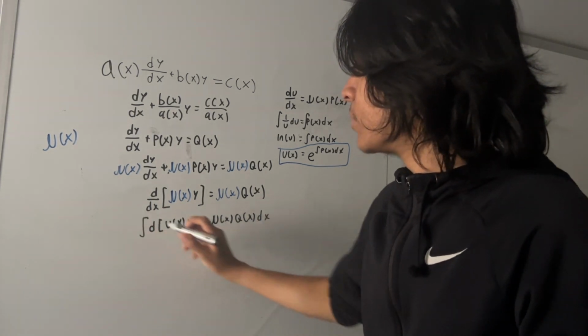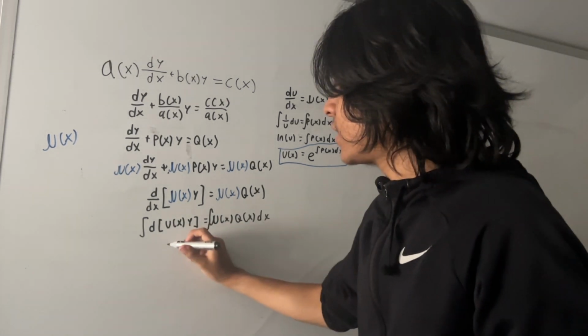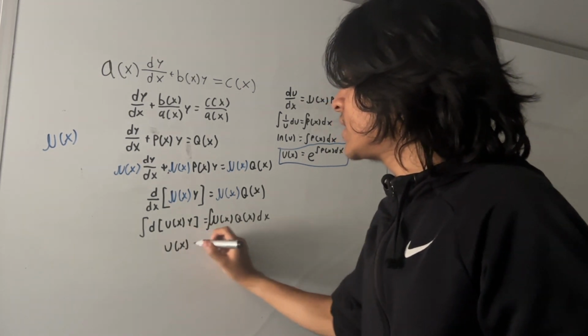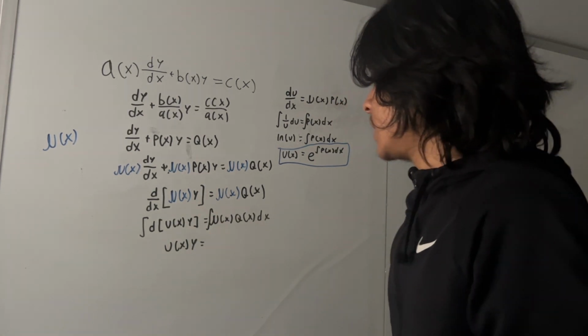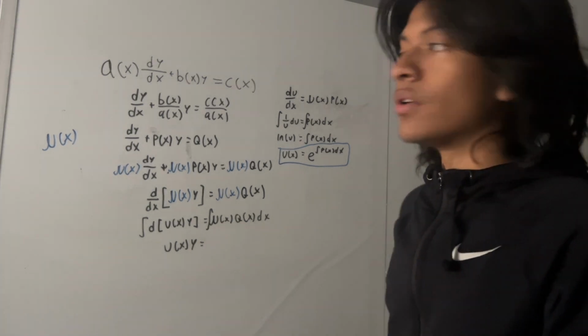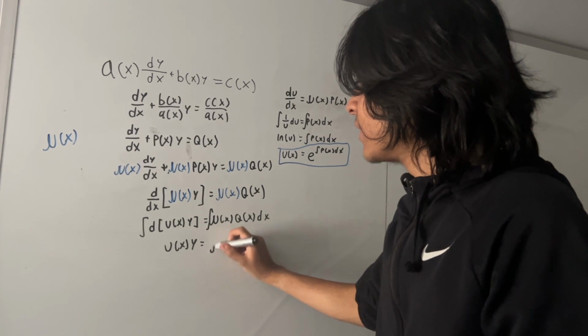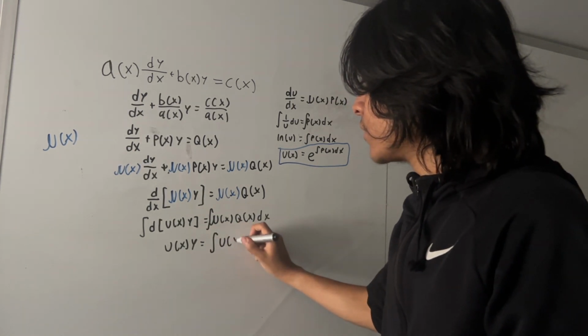Again, integrating both sides. On the left side, we just get left with u of x times y. Then it's going to be equal to this integral. We don't know what u of x is or q of x, so we're just going to leave it as it is.